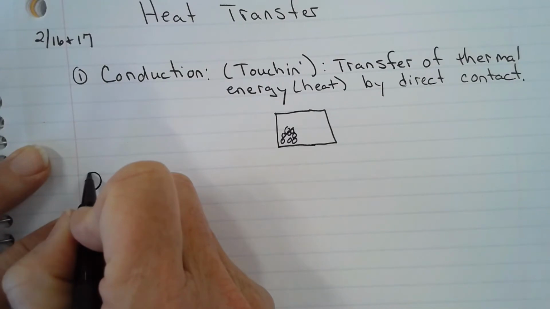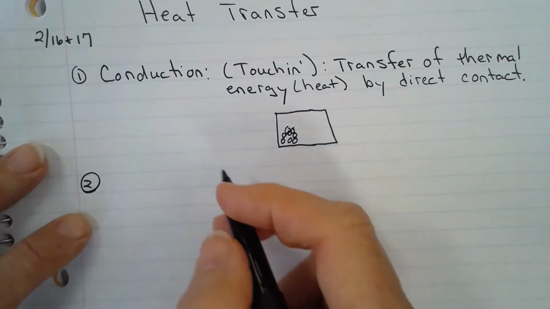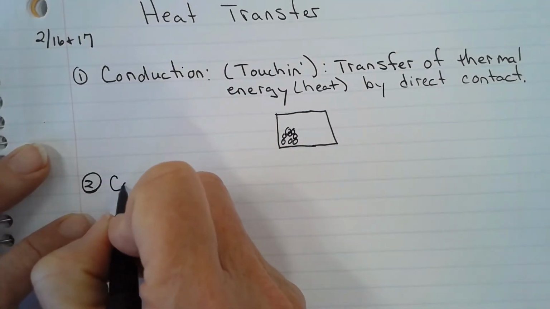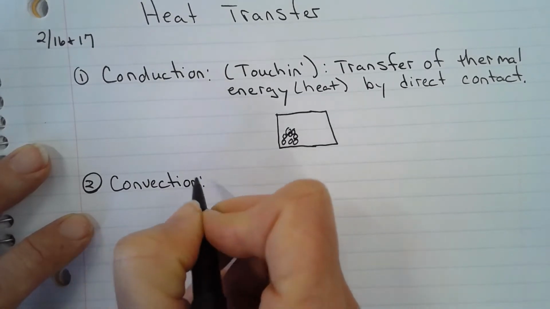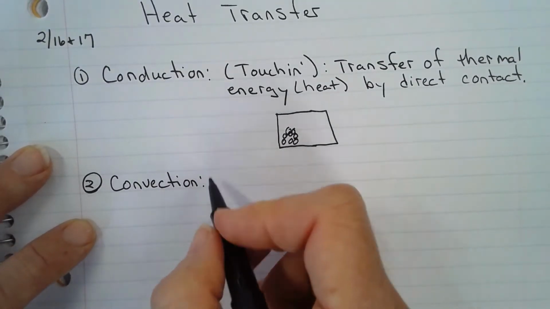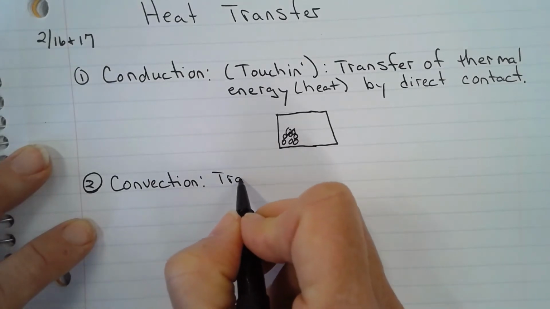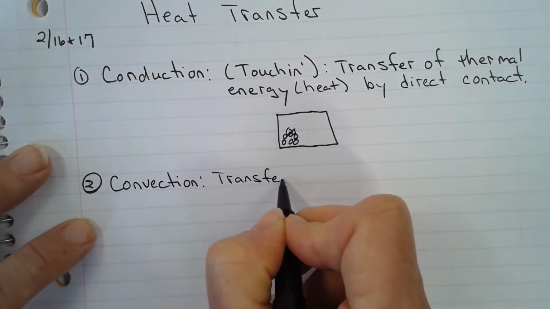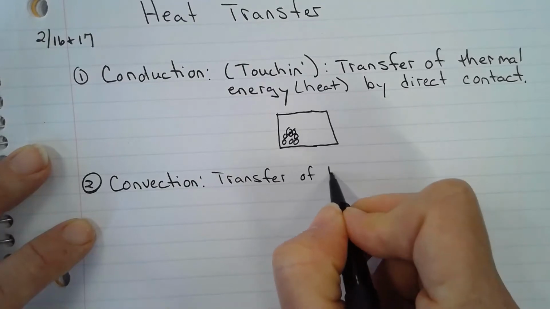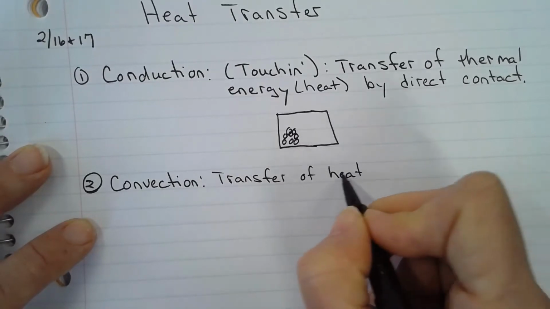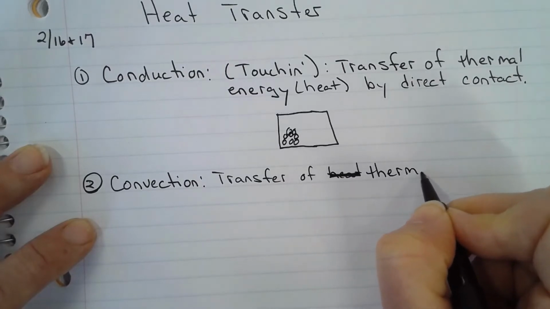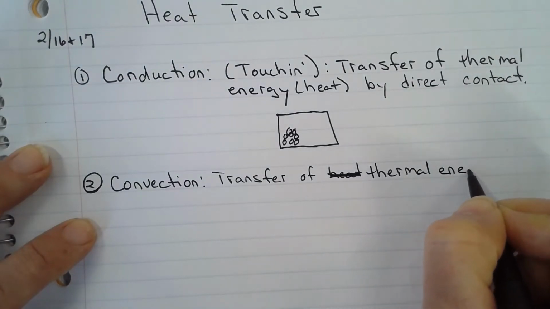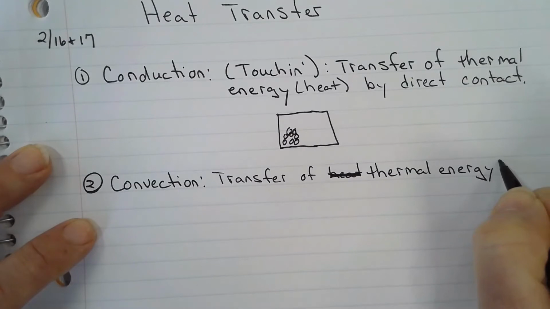The second method of heat transfer is convection. And we see convection in our weather systems. It is the transfer of thermal energy, which is heat.